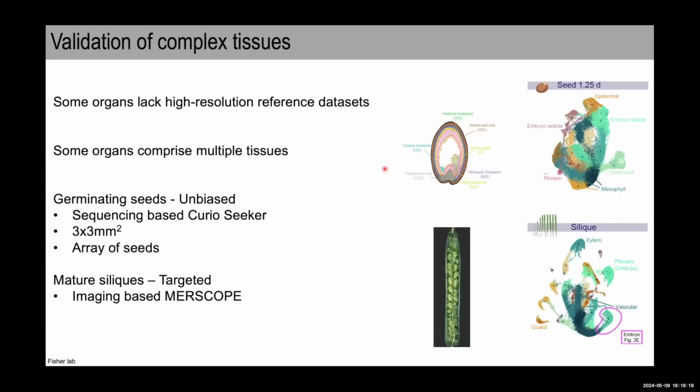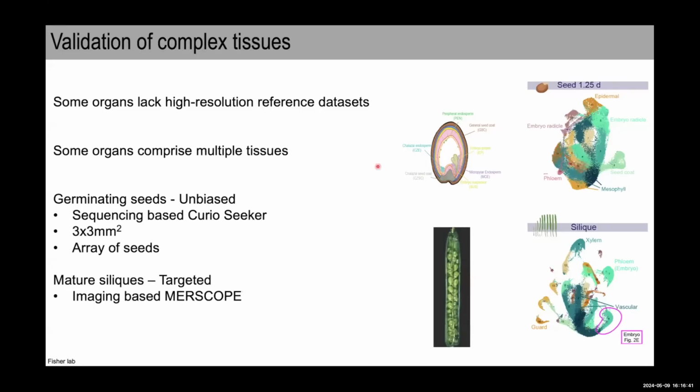So the way that we really utilized these technologies was helping to validate these complex tissues, which is again the germinating seeds and Siliques. Several of these lacked reference data sets at the single cell or cell type specific level. Additionally, these organs comprise multiple different tissues.